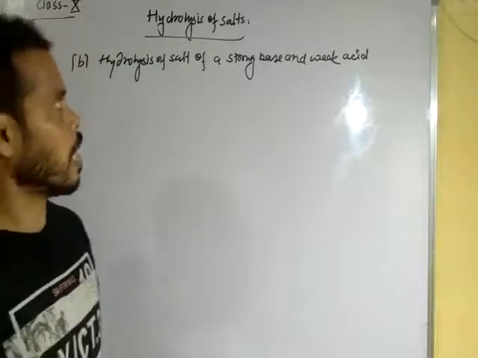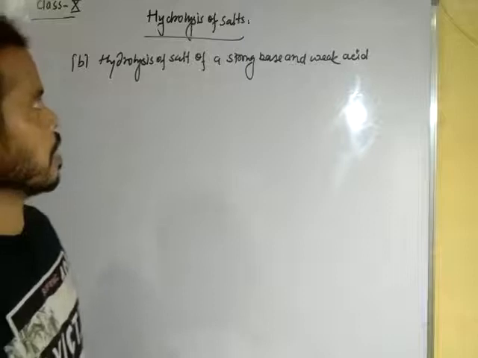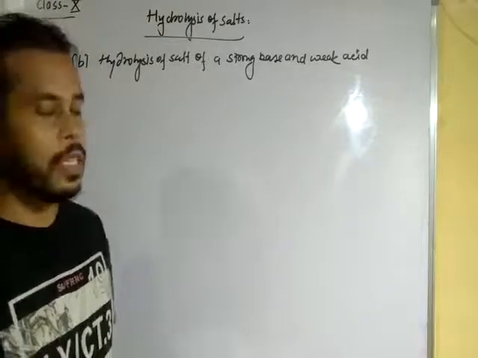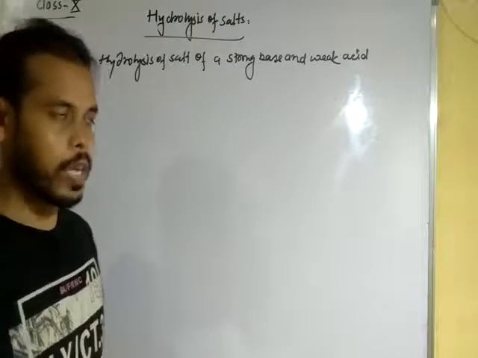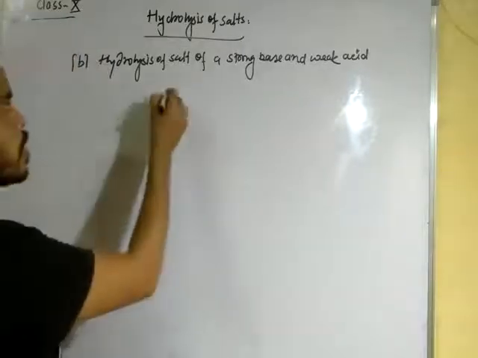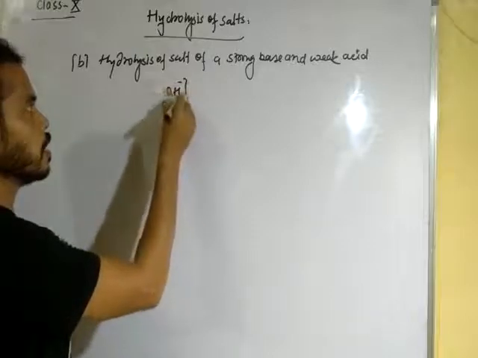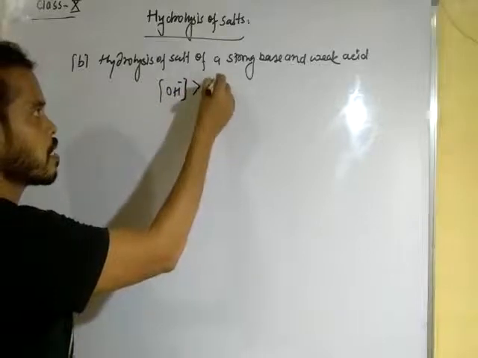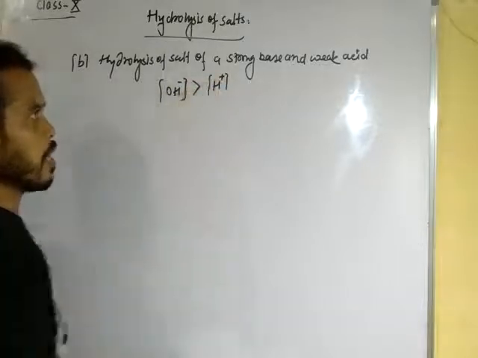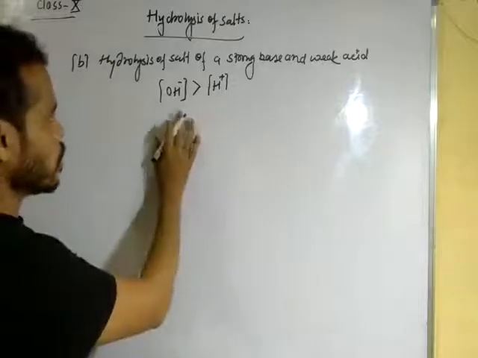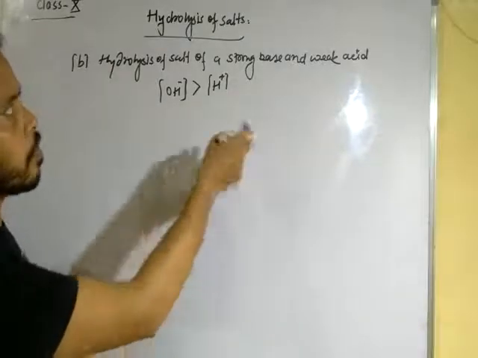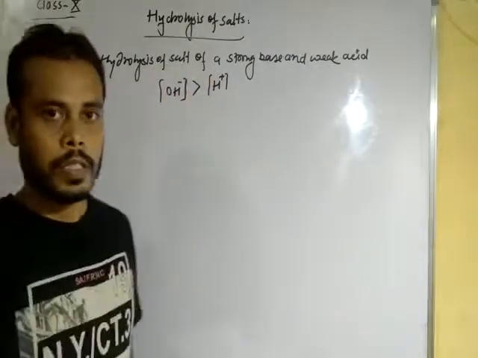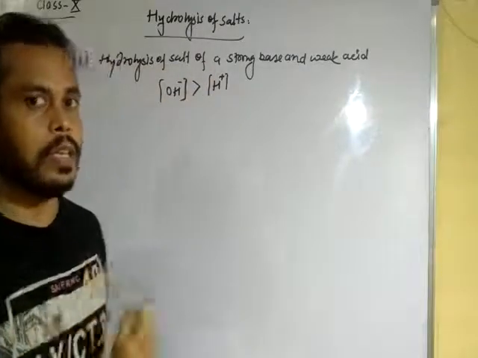That means the solution formed after dissolving the salt in water will be basic in nature, and the concentration of hydroxide ion is greater than the concentration of H positive ion. So this indicates the solution is basic in nature.